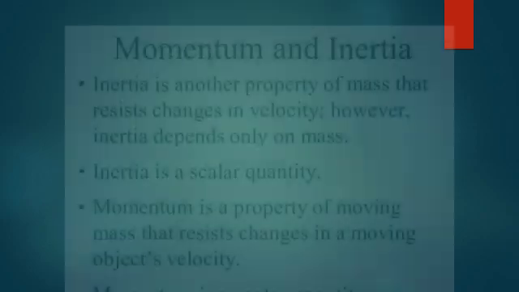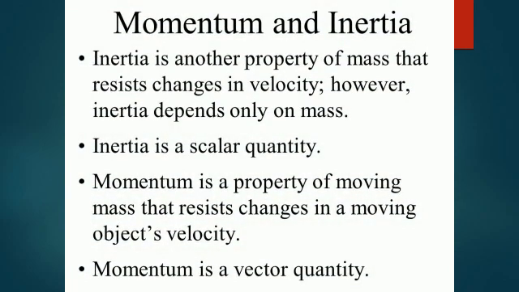Newton's second law will be talking about another physical quantity which is called momentum. So we are going to see what is momentum in Newton's second law. It has some relationship with inertia also.